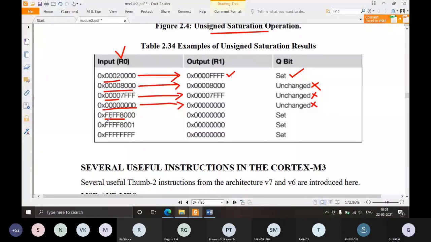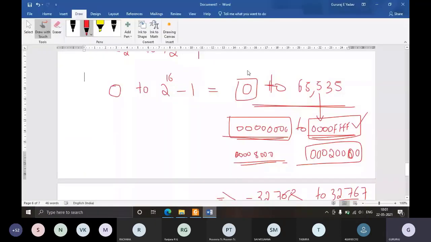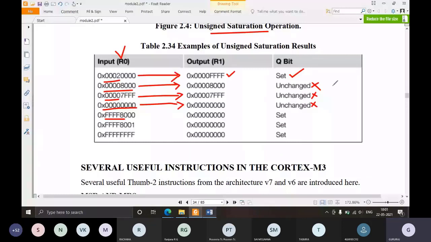But the minimum value that we can represent in unsigned representation is 0. You cannot go below 0 because it is unsigned representation. Hence, if we go to this diagram, we have got a negative value, less than 0.